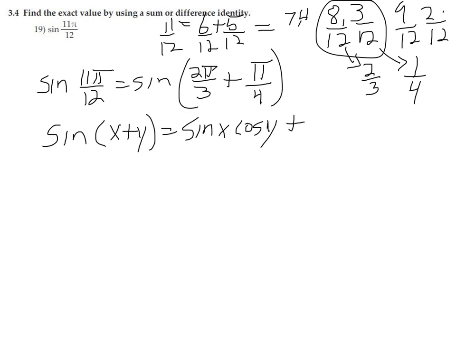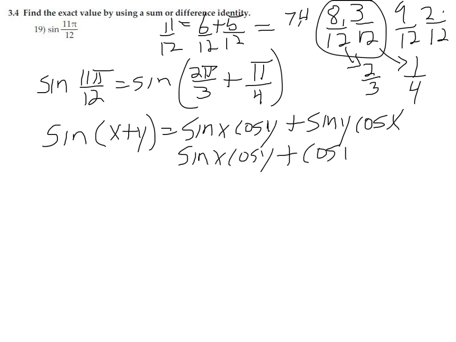Now depending on the book, you can either see sine y cos x, or you might also see it sine x cos y plus cos x sine y. Really the same thing. That one and that one, they just reverse the orders. If you like the consistency of sine cosine, that's great. If you like the consistency of xy, that works as well.